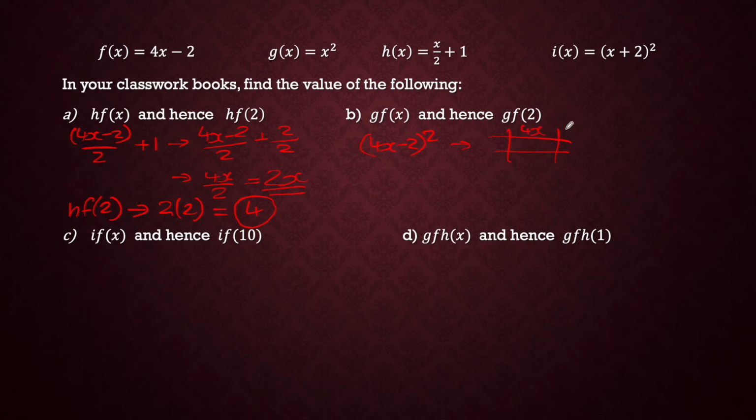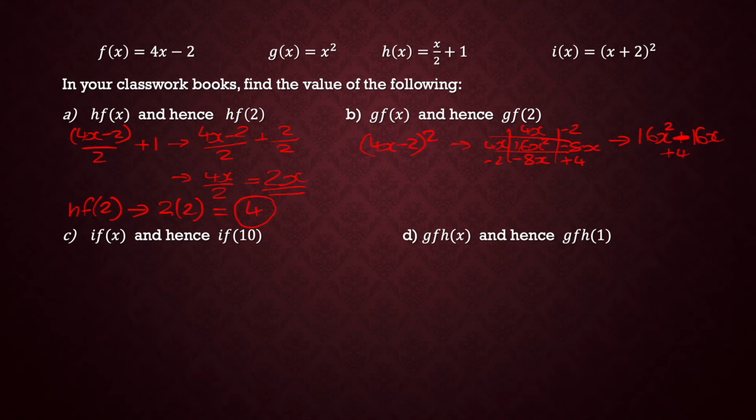So we'll go 4x minus 2 and a 4x minus 2 to give us our 16x squared minus 8x and our plus 4. Bring that out and simplify it all together. 16x squared minus 16x plus 4.